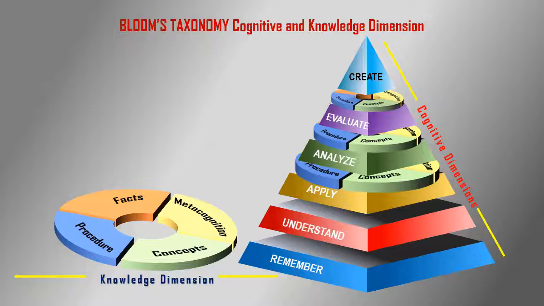My idea of making it a pyramid is that as you go up the higher taxonomy levels, you integrate much more the concepts that you remember, the knowledge that you understood, and the procedures that you are applying so that you can do something at the higher order thinking skills.